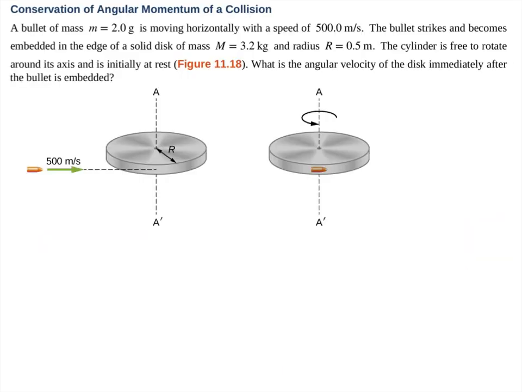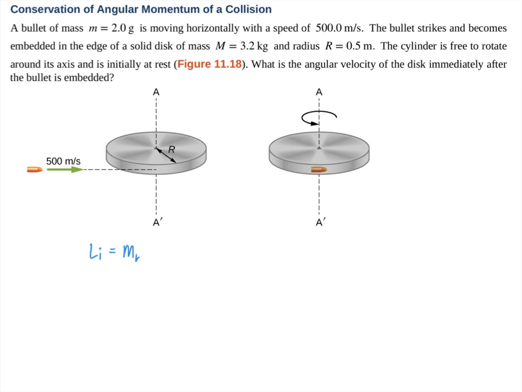Okay, so finally, we're going to look at an example where a bullet is going to hit the edge of a disc, and then the disc will start rotating. And again, we're going to look at conservation of angular momentum. Now, the initial angular momentum is just due to that of the bullet.